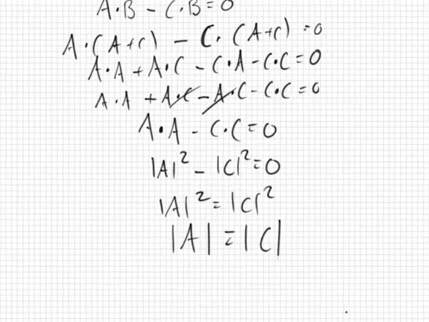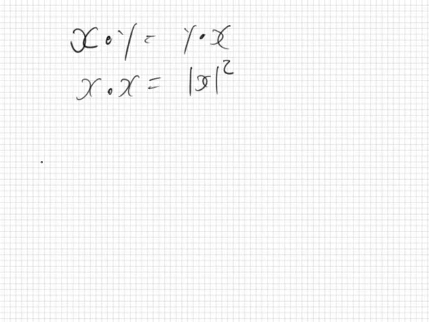Good for you. So the ones you're allowed to assume is true without proof, unless of course they ask you to prove it, are the following. X dot y equals y dot x. X dot x equals the magnitude of x squared.